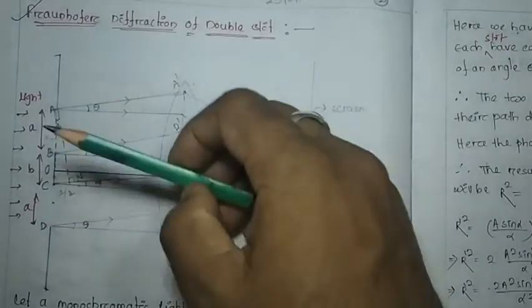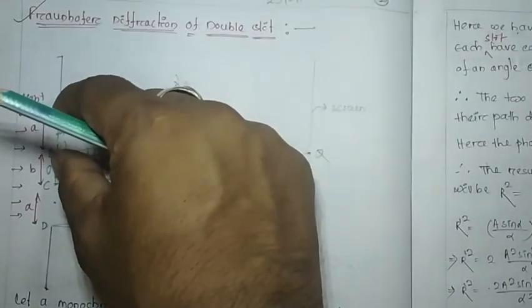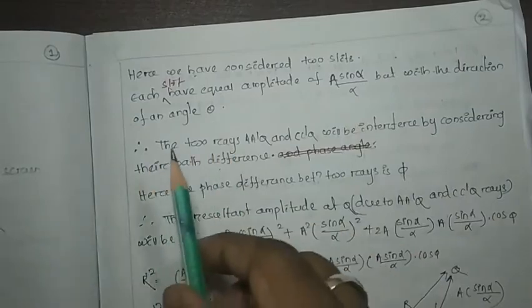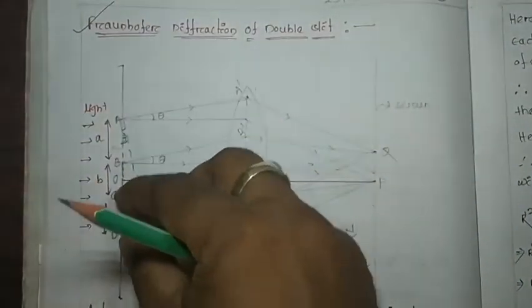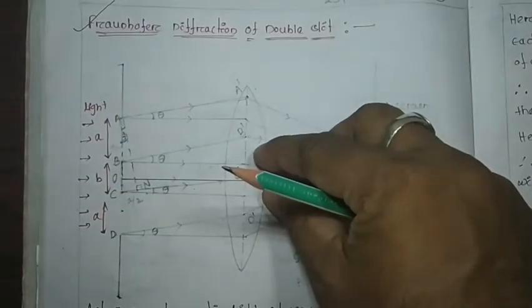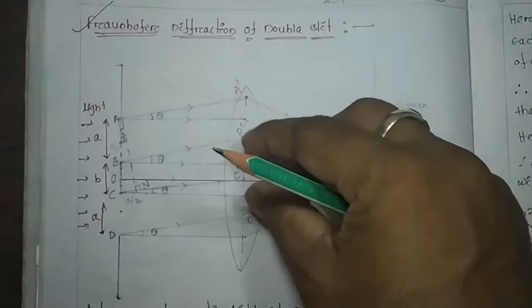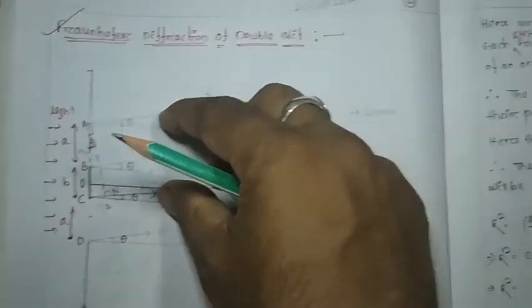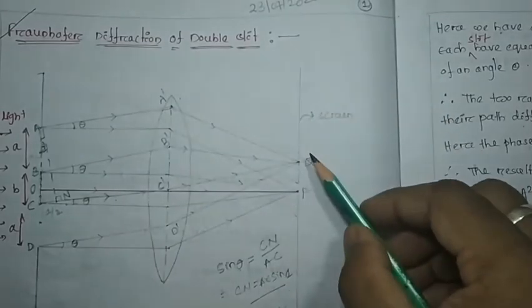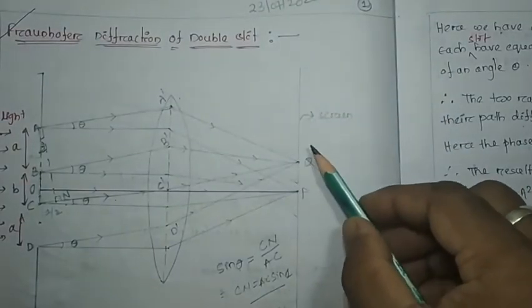For one single slit the resultant amplitude is A sin alpha by alpha, and for the other slit also A sin alpha by alpha. These two slits propagate rays of amplitude A sin alpha by alpha, which will interfere with one another and produce the fringes at Q.